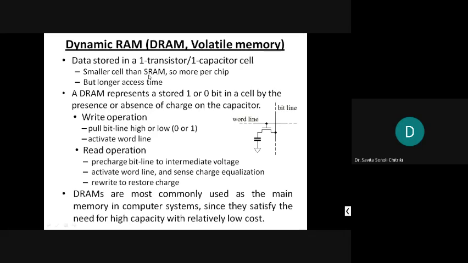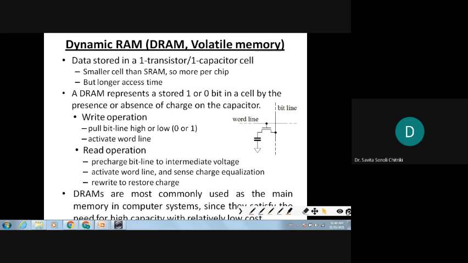Static RAM, if you see the cell of static RAM, is made up of 6 transistors. I had told you in the last class only about memory structure. Think now, if a 4x4 memory is there, like a keypad, I was telling.